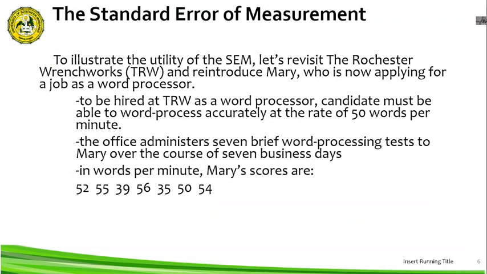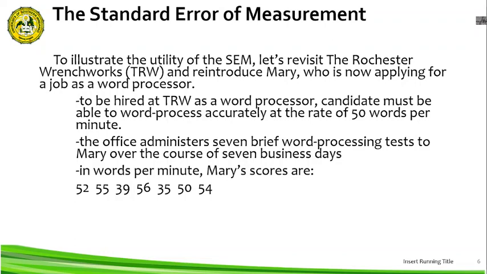To illustrate the utility of the SEM, let's revisit the Rochester Ranch Works, or TRW, and reintroduce Mary, who is now applying for a job as a word processor. To be hired at TRW as a word processor, a candidate must be able to word process accurately at the rate of 50 words per minute.